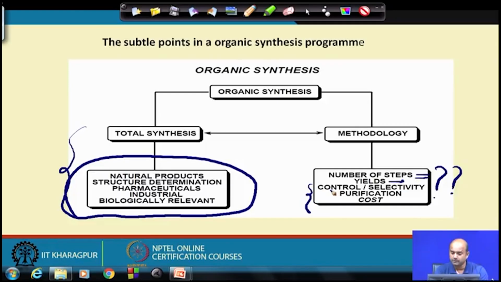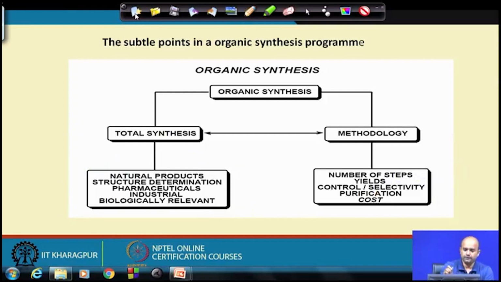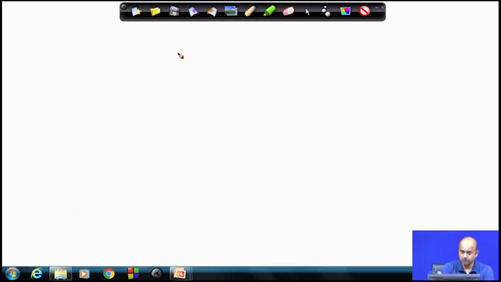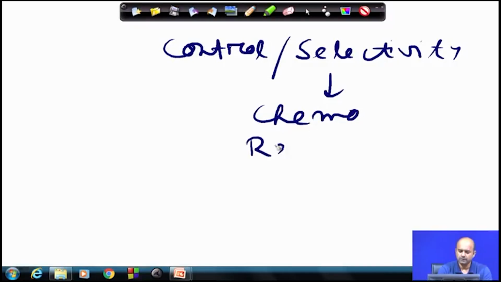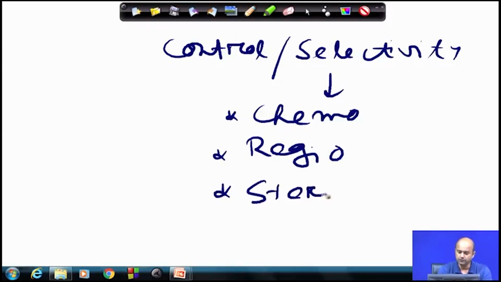If the methodology can control the reactivity or selectivity, and selectivity basically implies everything: chemoselectivity, regioselectivity, stereoselectivity.